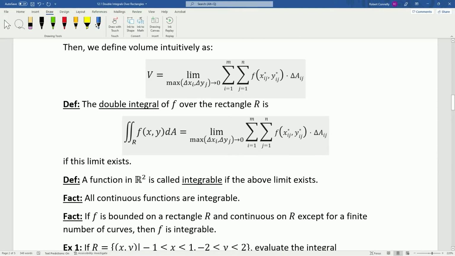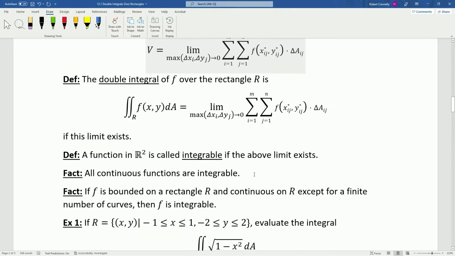We call a function in R2 integrable if this limit exists. The key fact here is that all continuous functions are integrable. So if we already know a function is continuous, then we don't have to worry about it. We know that this limit exists, and we can find a value for the double integral.